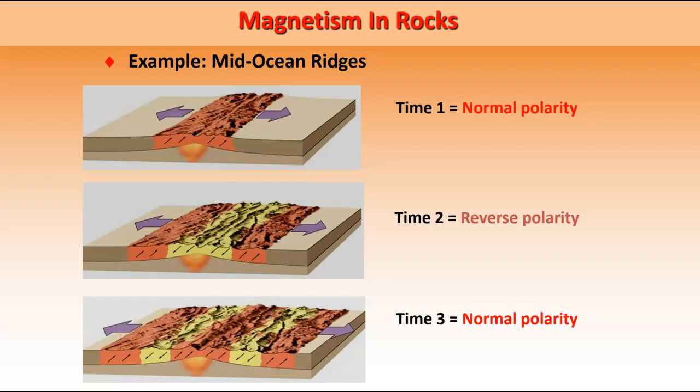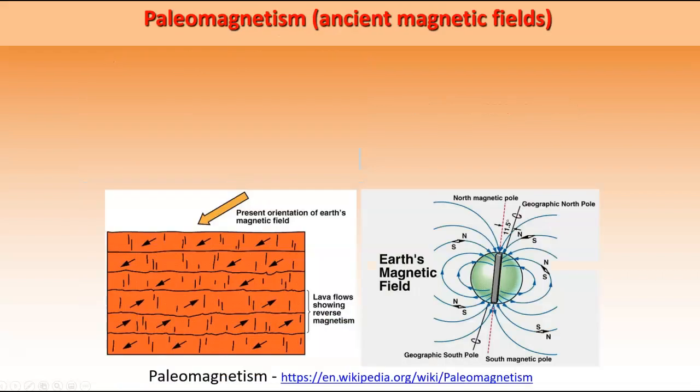Boom, boom, boom, boom, boom. And of course, we have these areas where the creation of new crust then pulls apart, so new crust can be formed. We get this kind of striped effect or mirrored effect, and that is a big clue into this idea of plate tectonics. And so that'll be discussed certainly in the plate tectonics module. I'm just kind of teasing you a little bit with that information.